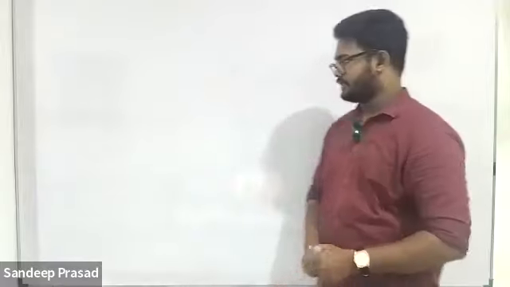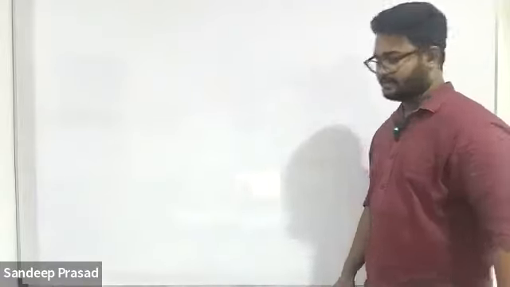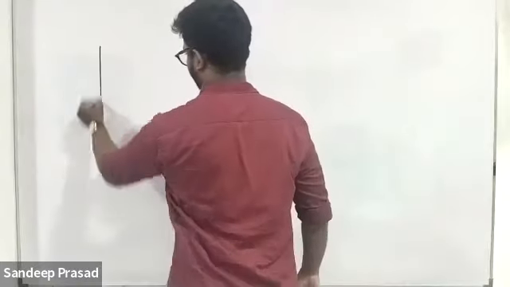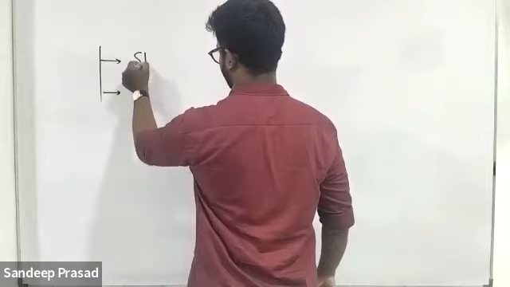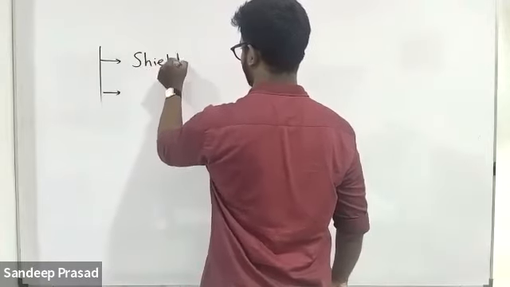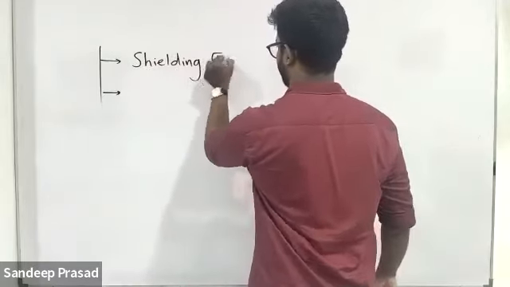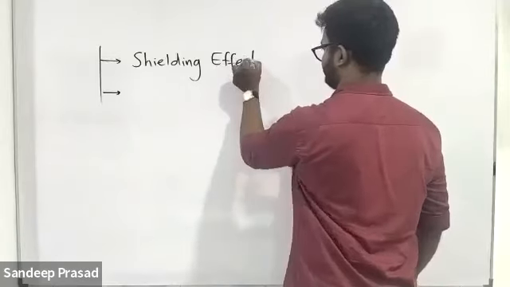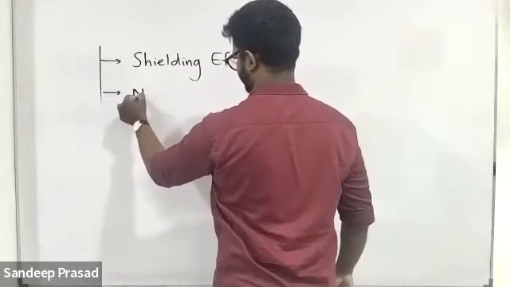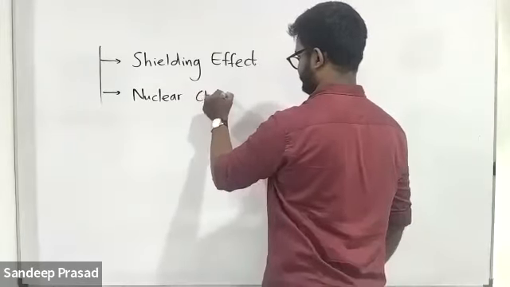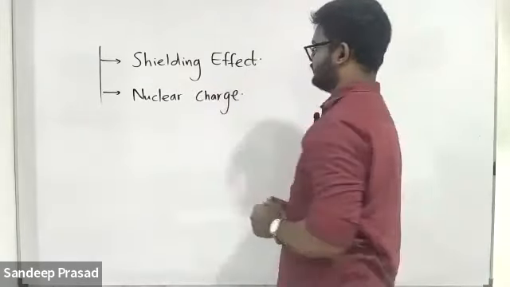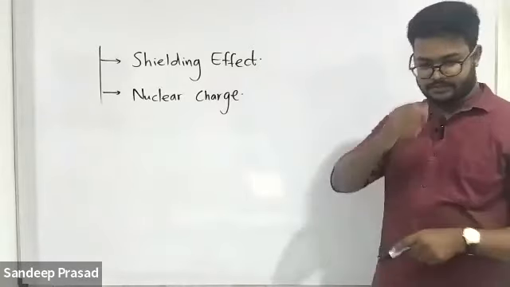And then I told you that there are two factors affecting the atomic radius. Can you remember that? Number one, shielding effect, right? And the second factor is what? Nuclear charge. Shielding effect and the nuclear charge are the affecting factors for the atomic radius, right?